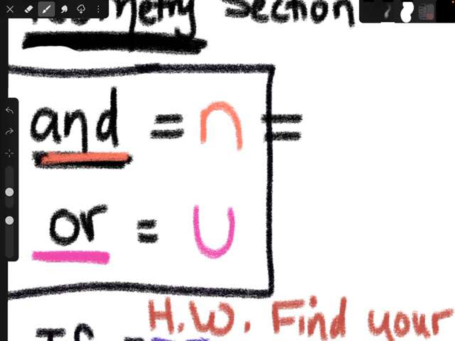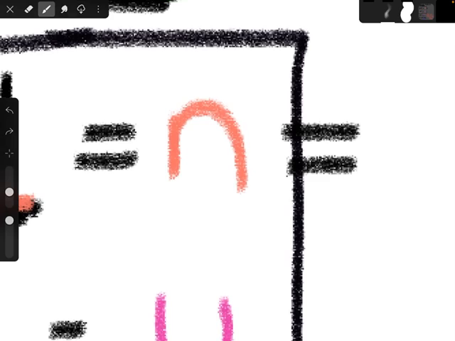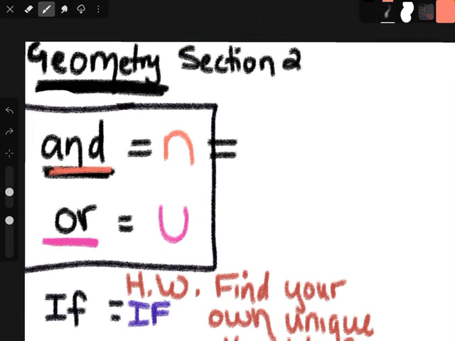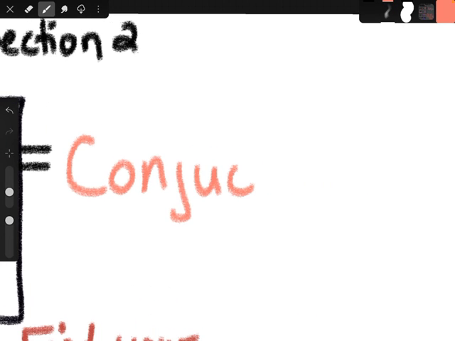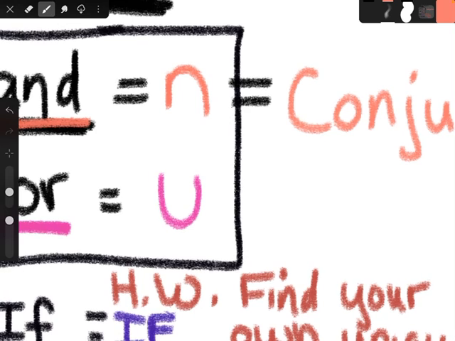I mean, some math books would be pretty thick. I want to give you the long version, right? And "and" means conjunction. So when someone says, hey, give me the conjunction of this and that, you're like, oh, they just want the "and." And this is going to help you out in English. So you're welcome.